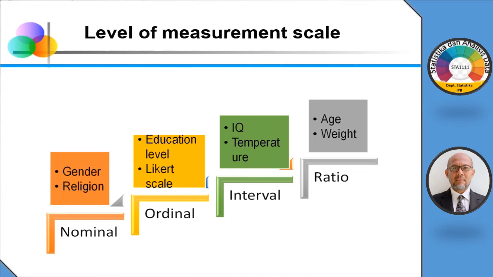With this scale, you can just distinguish between gender, male and female. You cannot say that male is better than female, as well as religion.